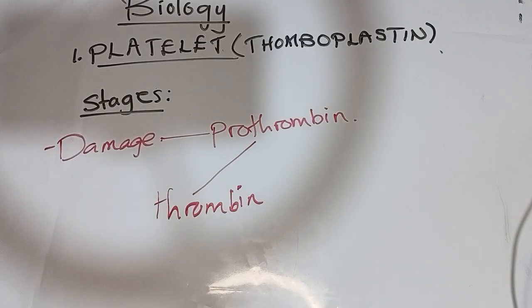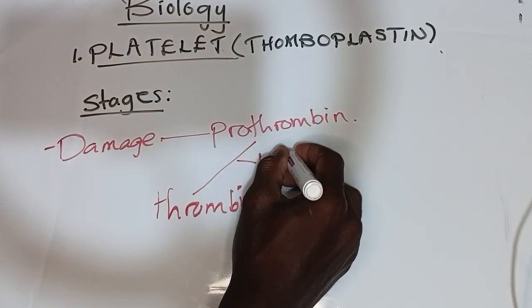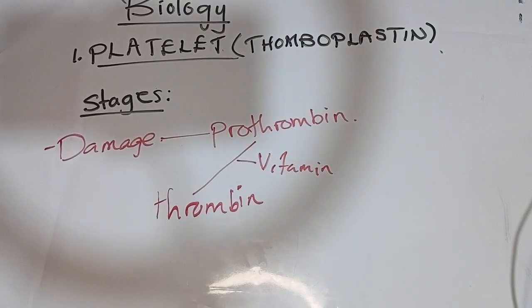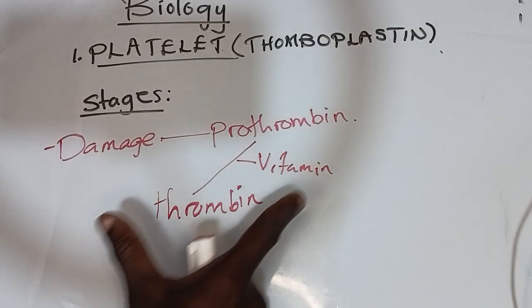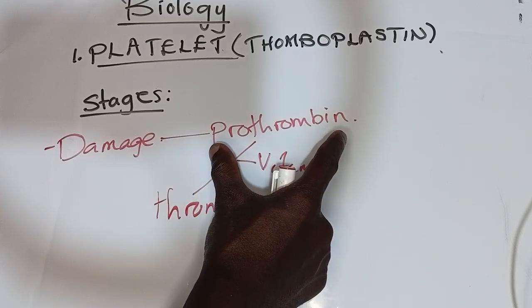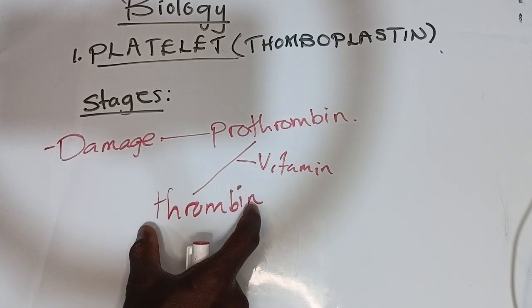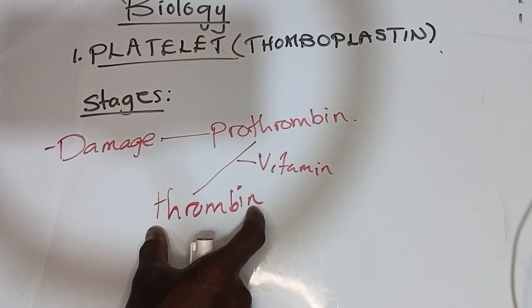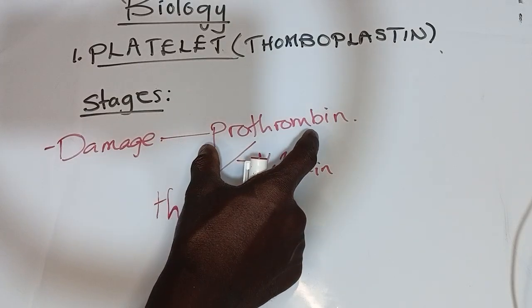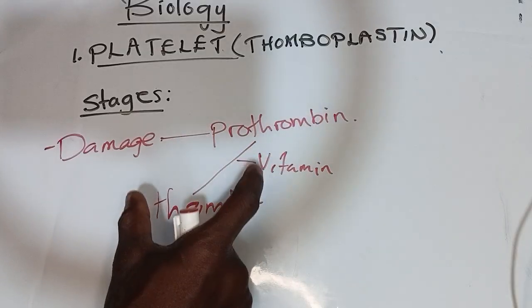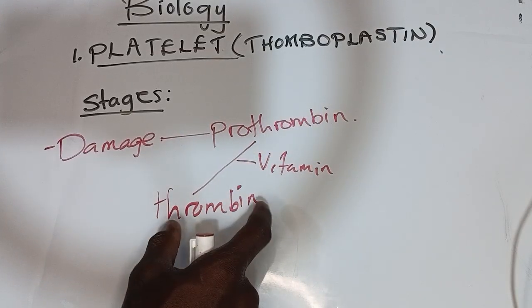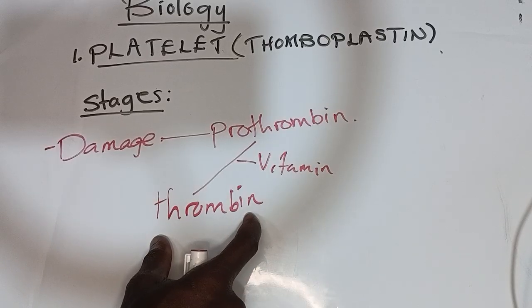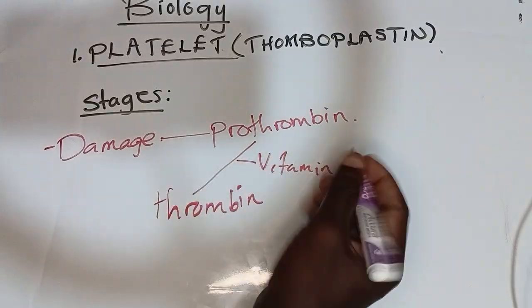It must be calcium, it must be vitamin K, so in the presence of vitamin K. I will repeat again: when the wound is introduced to damage, it releases an enzyme called prothrombin, which changes it into its active form called thrombin, in the presence of vitamin K.